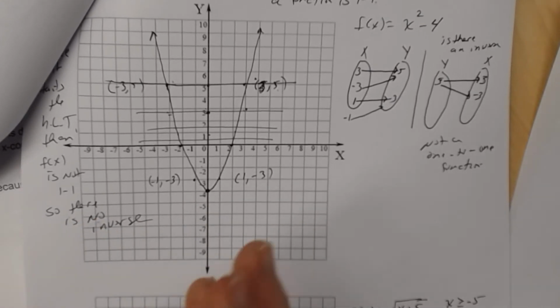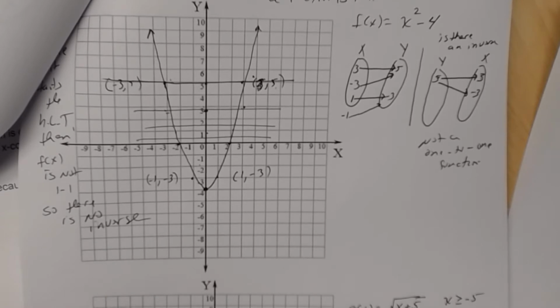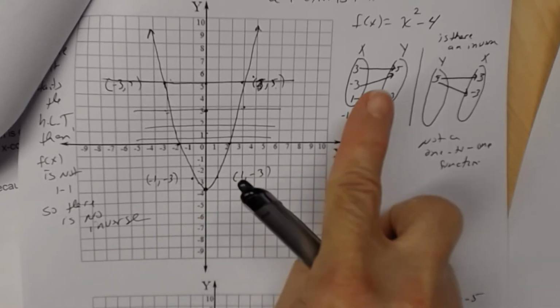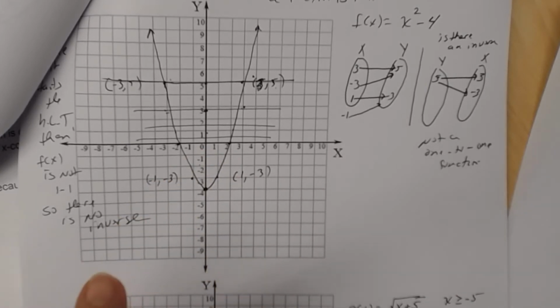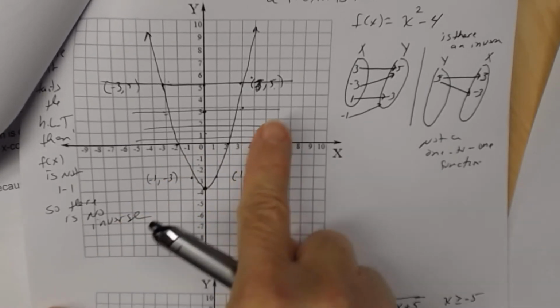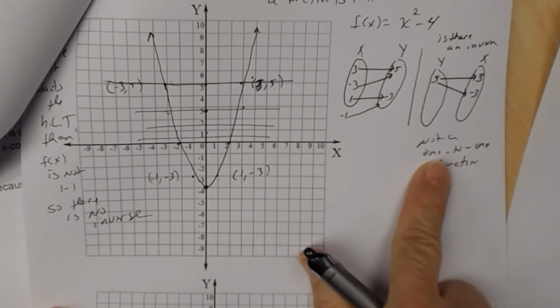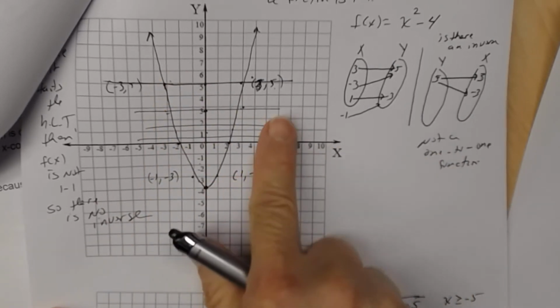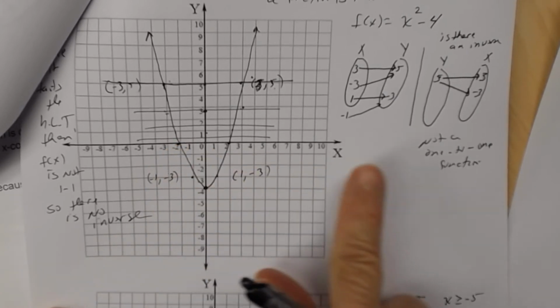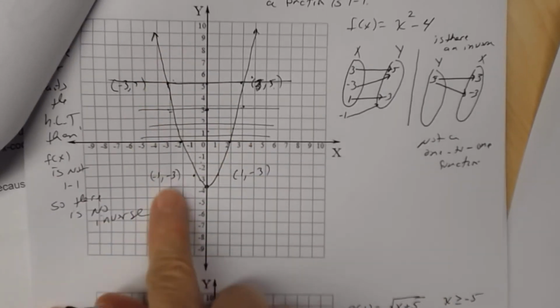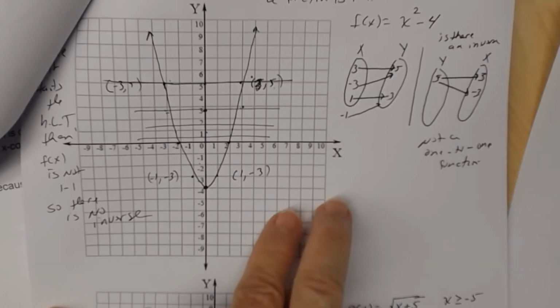Okay, so now what we do is this. If we want a function that is not one-to-one to have an inverse, and remember this quadratic is not one-to-one, so it doesn't right now, but if I want this to have an inverse, I've got to make it one-to-one.